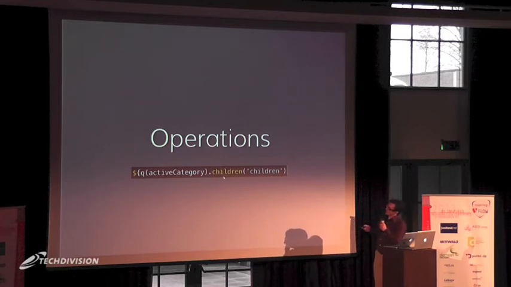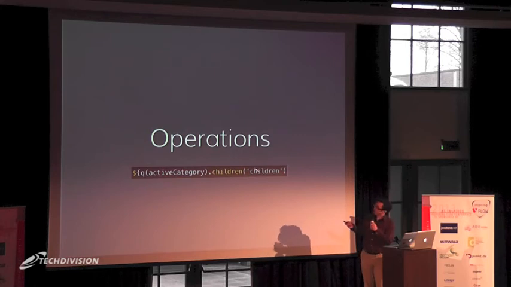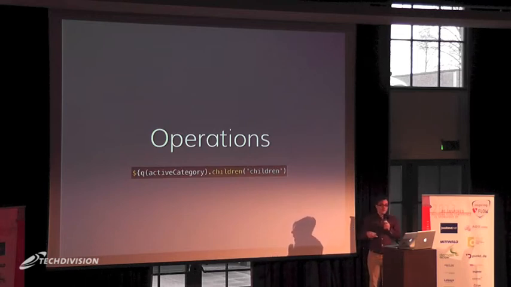And here, for example, I call a children operation, and I just give it the property the children are in. So I have my category, that's the domain model I implemented. It has a property children. In there are the child categories, and with the EEL operations I can just ask for all the children that are in this property.